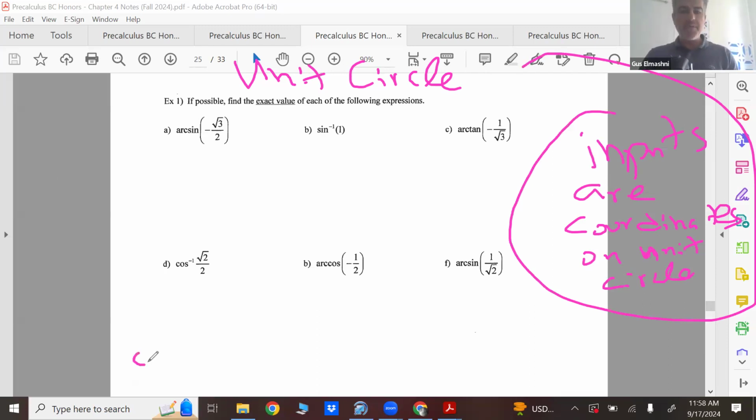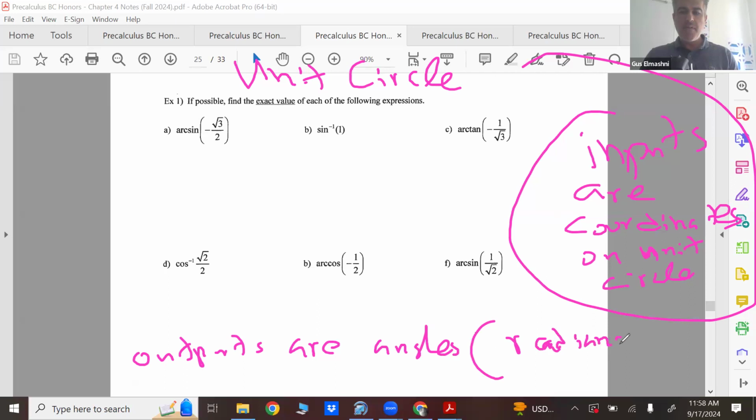The outputs are angles, radians or degrees. Okay, make sure we're clear on that.